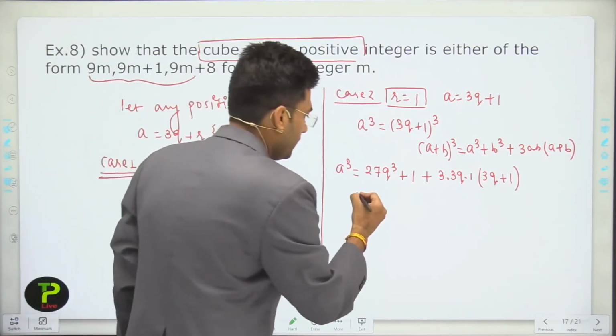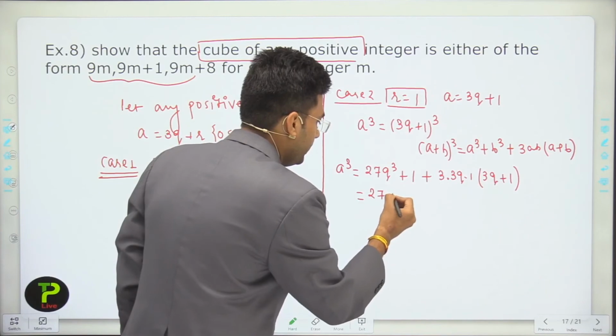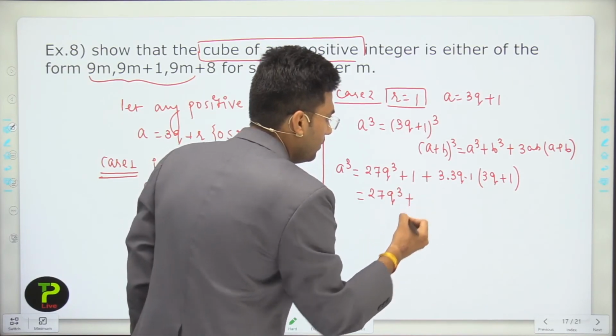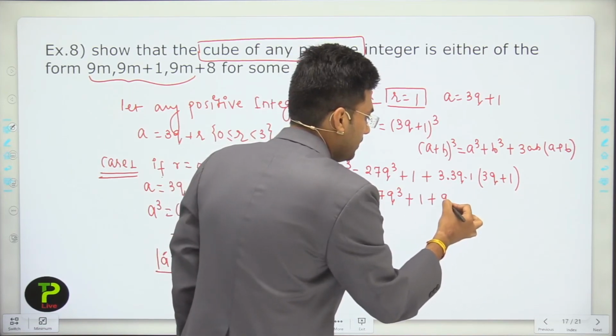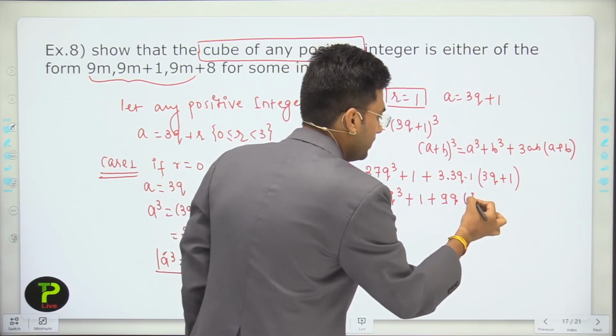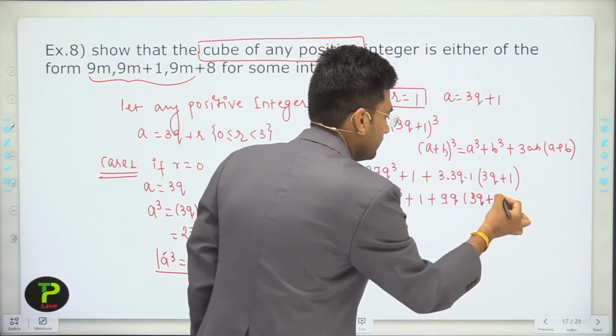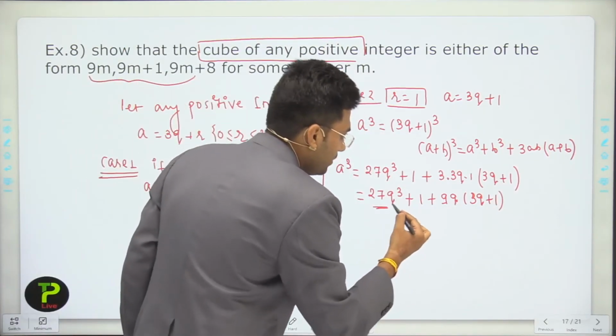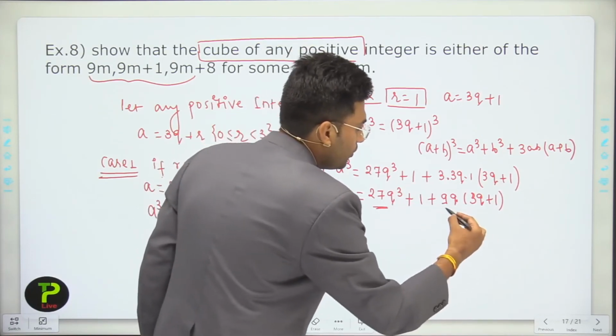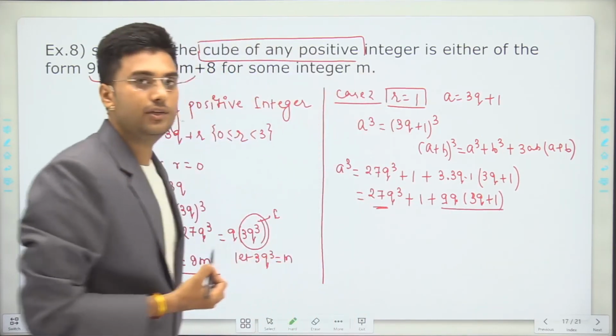Now it is equal to 27q cube plus 1 plus 9q multiplied by 3q plus 1. Okay, now we can take 9 common from 27q cube and 9q multiplied by 3q plus 1.